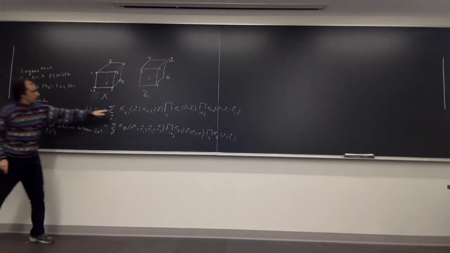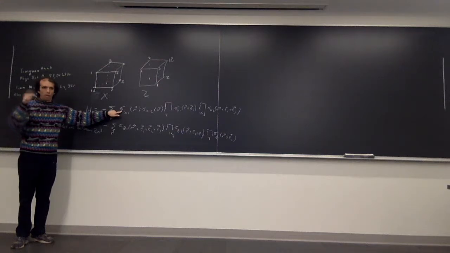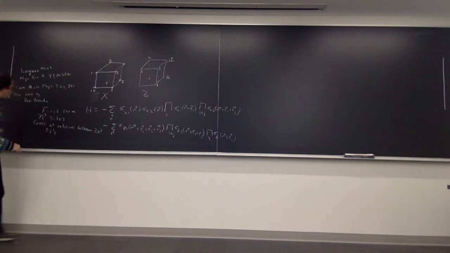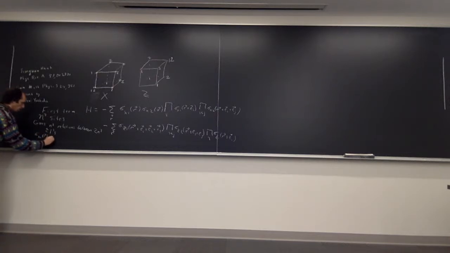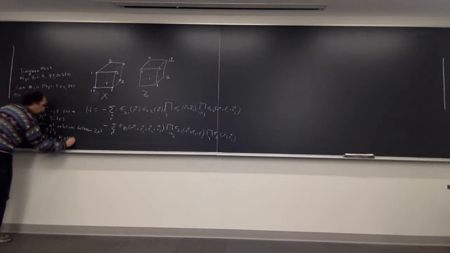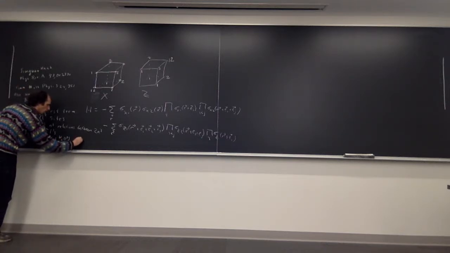Because if you say sigma x is minus 1 to the u, where u is 0 or 1, that's another way to describe these values. So if I write sigma x_r equals minus 1 to the u_r, u_r is 0 or 1.